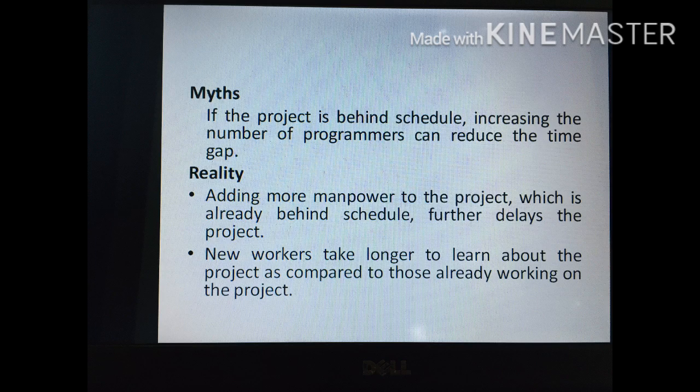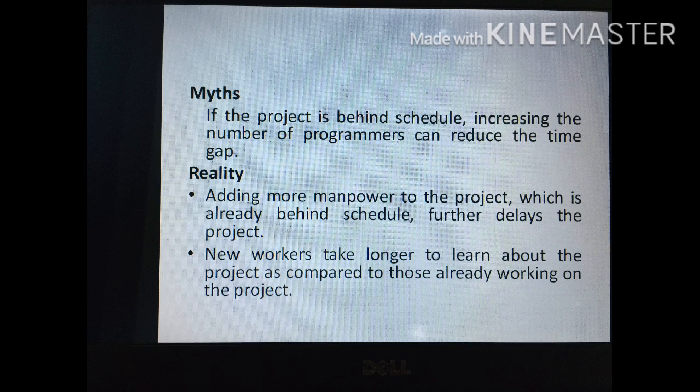Okay, come to the next myth, that is, if the project is behind schedule, increasing the number of programmers can reduce the time gap. Is that possible? No, never. Why? Suppose a project is running out of time, or it has crossed the deadline, and managers plan to recruit and appoint new programmers to the same project.